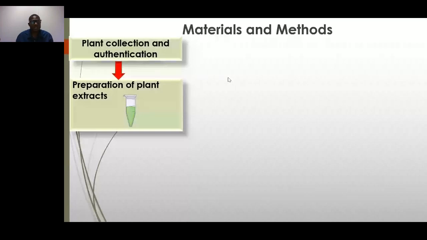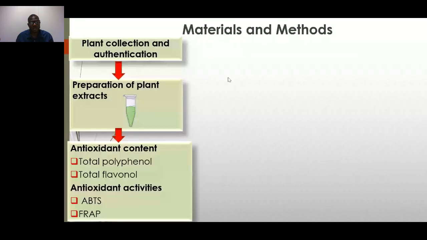The first analysis we did was the antioxidant content and antioxidant activity, using the spectrophotometric method. We started with the total polyphenolic content and total flavonoid.